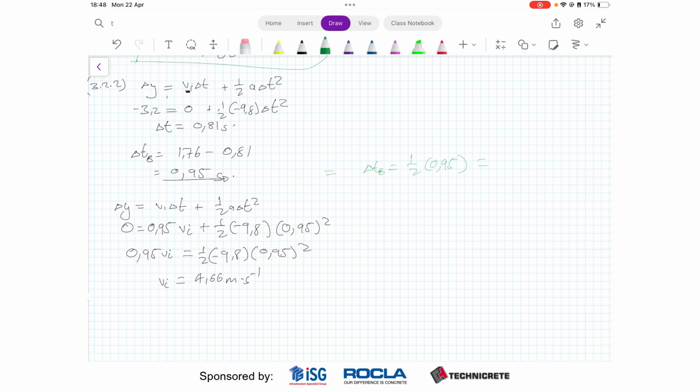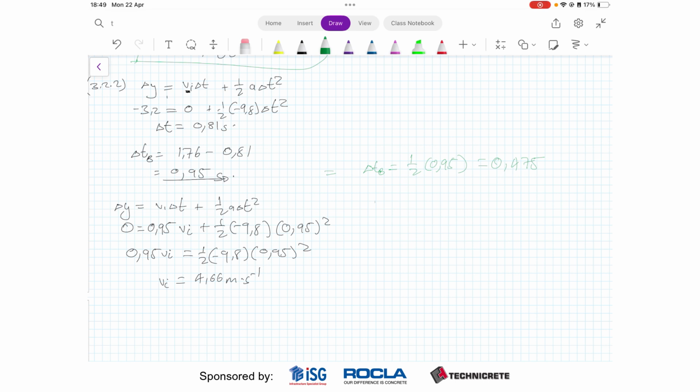That is 0.475. Okay, and we know that the highest point occurs when v final is equal to 0.